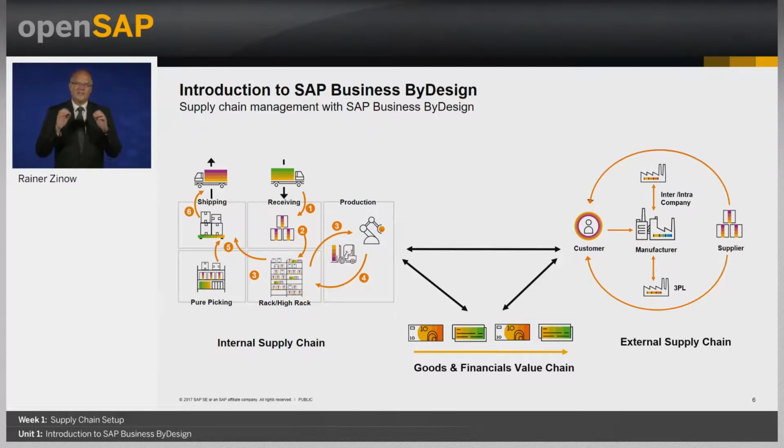That is the reason why since the first day, Business ByDesign contained a supply chain management kernel, because the masterminds behind ByDesign said you can't bolt on a supply chain management solution. It is nothing that you can solve with an add-on. You either put it into the solution in the very first second, or otherwise you won't get this linkage between financials and supply chain management.